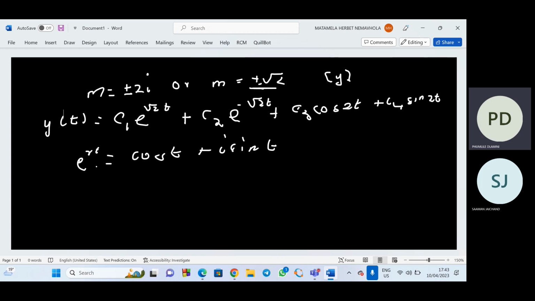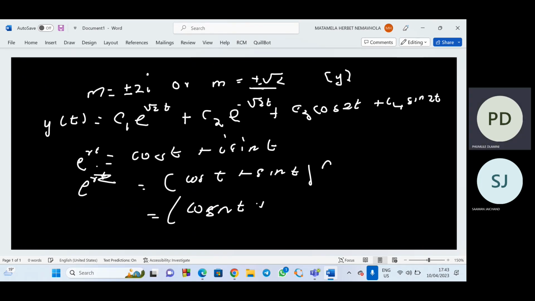When we use z equals x plus iy, in terms of De Moivre's theorem you can write it as cos t plus i sine t to the power n, which when converted becomes cos nt plus i sine nt.